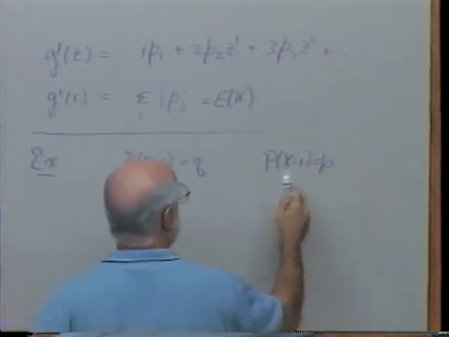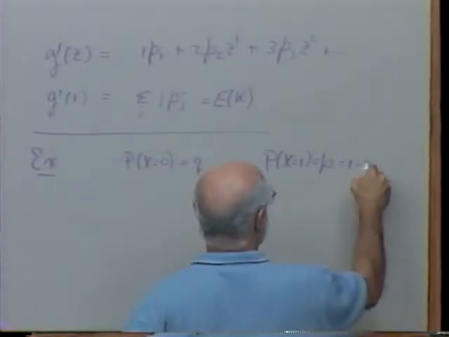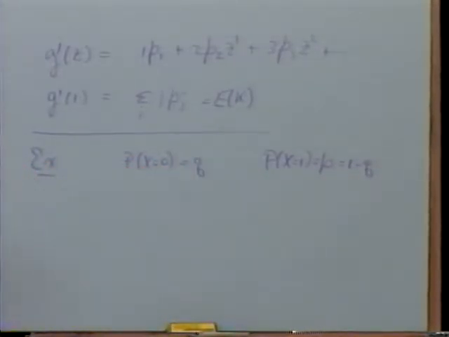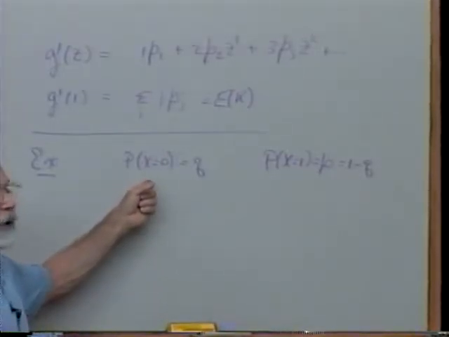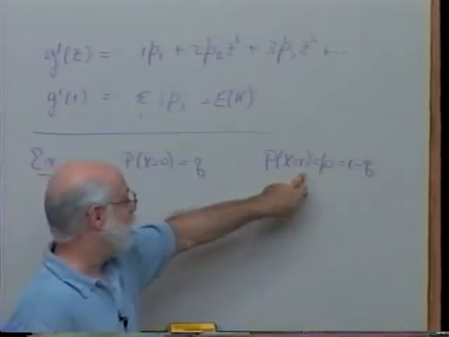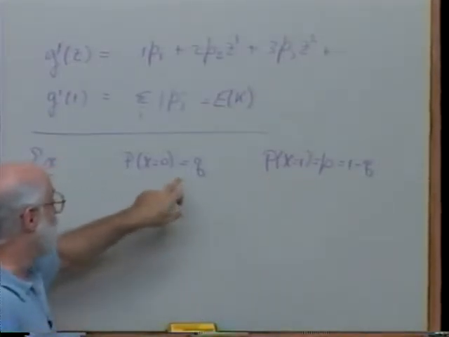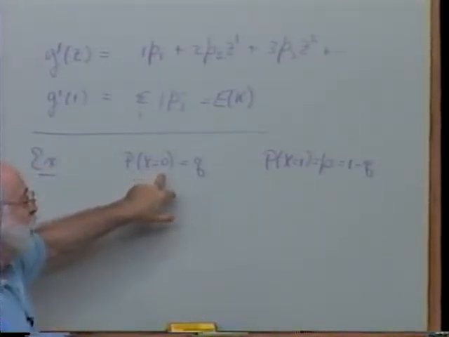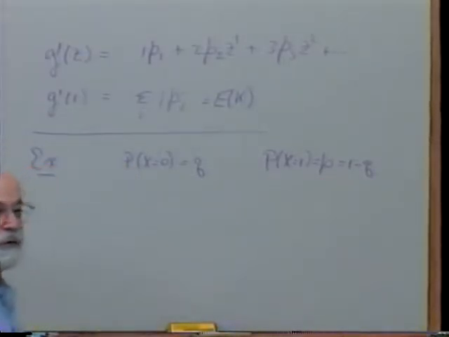And of course, p will be equal to 1 minus q. So this is the typical Bernoulli variable. I have two possible values, which I usually call success and denote by a 1, and failure, which I denote by a 0. The probability of success is p, and the probability of failure is q.